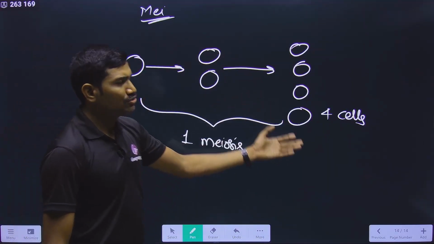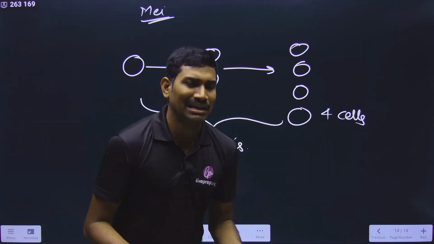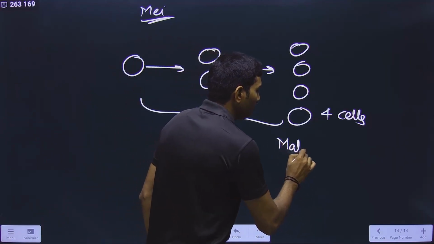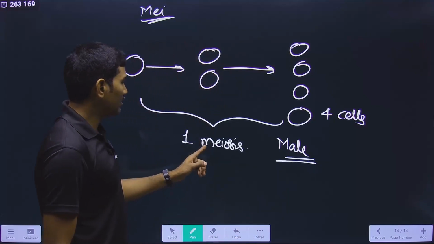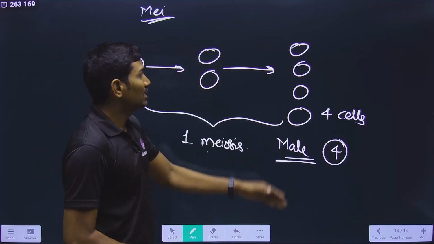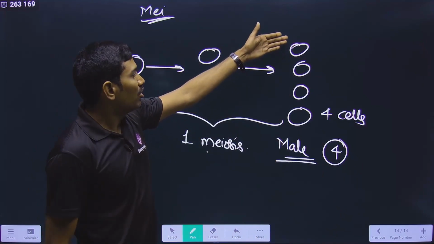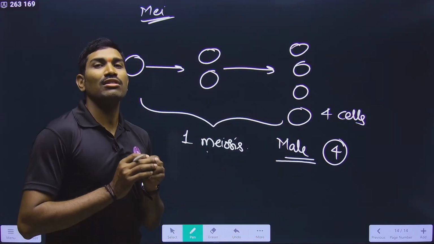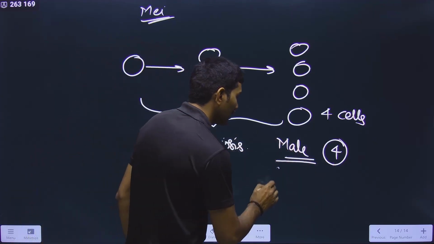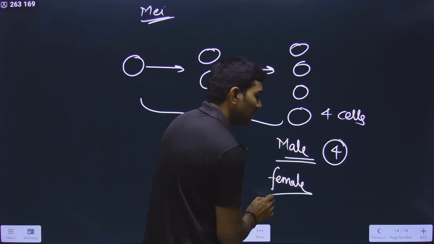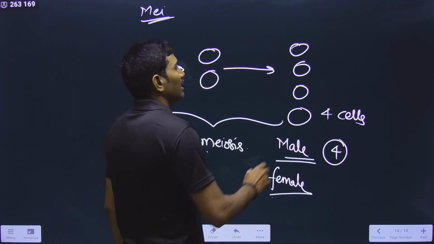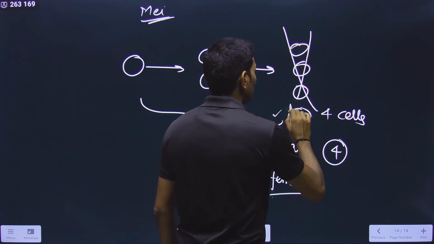So these 4 may be male gametes, or these 4 may be female gametes. But here there is one technical problem. If it is about the male gametes, one meiosis will form 4 male gametes, because in the case of male gametes, all 4 are functional. And if you are talking about the female gametes, even though all 4 are produced, 3 are not functional, only 1 is functional.